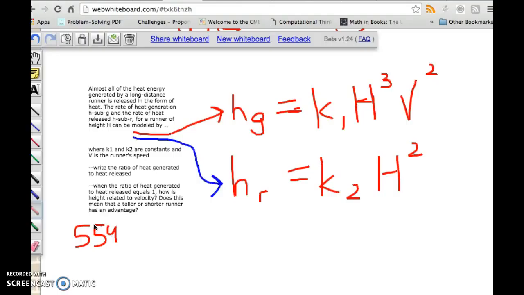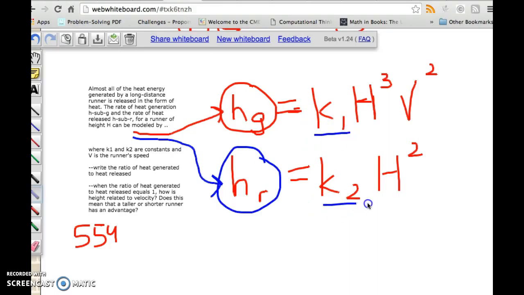The rate of heat generation, H sub G, and the rate of heat released, H sub R, are modeled by these two equations, where K1 and K2 are constants, and V is the runner's speed.